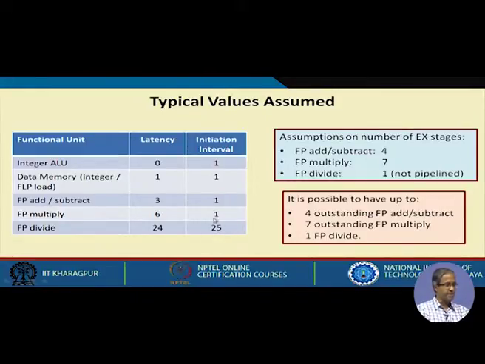For the pipelined units you can start one operation every clock cycle, but with divide, if there are 2 consecutive divides, the second divide can start only 25 clock cycles later. So, you can have 4 floating point additions or subtractions working together, 7 multiply operations working together, but only 1 division operation at a time, because it is not pipelined.